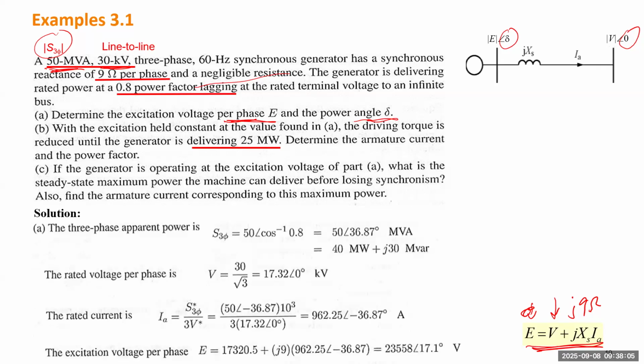First, from the apparent power 50 and the power factor 0.8, we can get the angle. 0.8 is from this triangle. You need to memorize the triangle. This is 0.6, and this is 0.8.